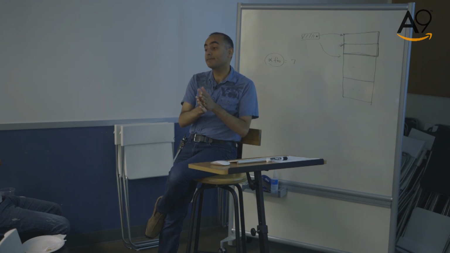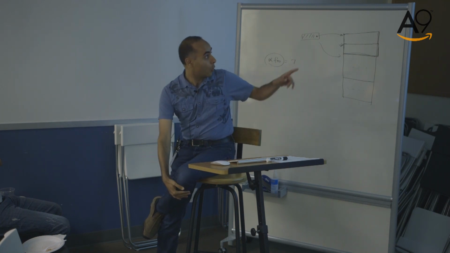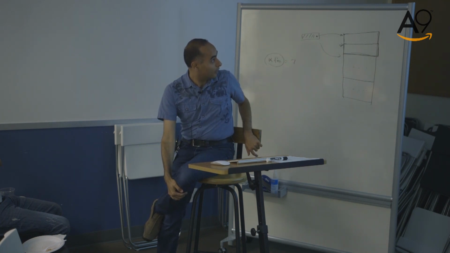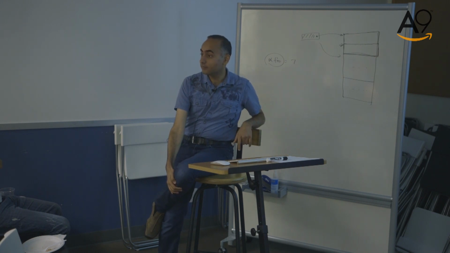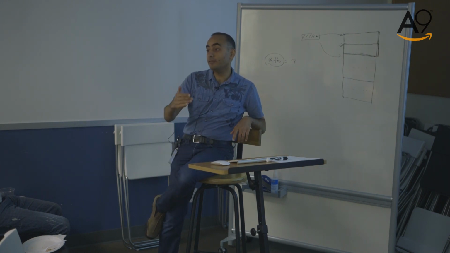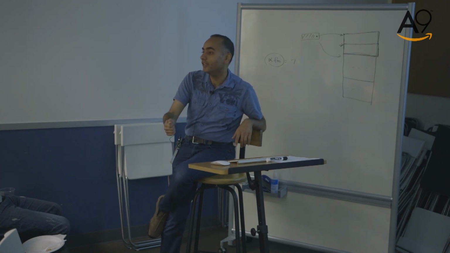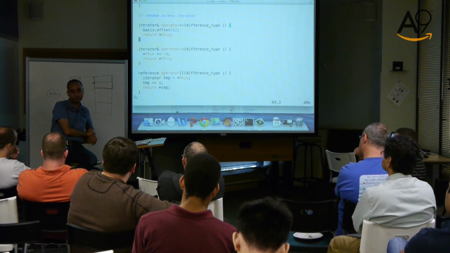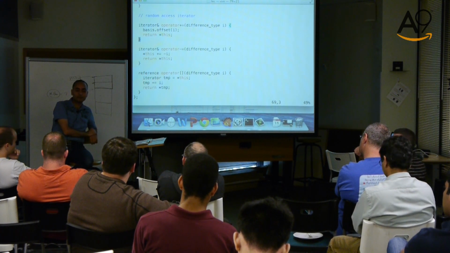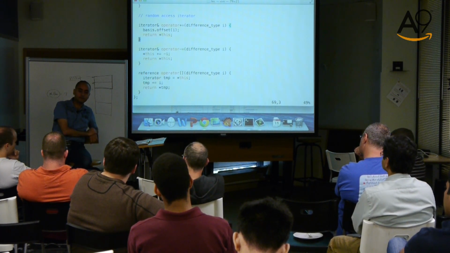But when the template is expanded, at that point, the expanded code needs to compile. So when you do plus equals, the compiler will say, oh, that means I need to do basis dot offset, and is offset defined on my basis? If it's not defined, that will be a compiler error. So would you have to implement multiple versions of this if you wanted to be?